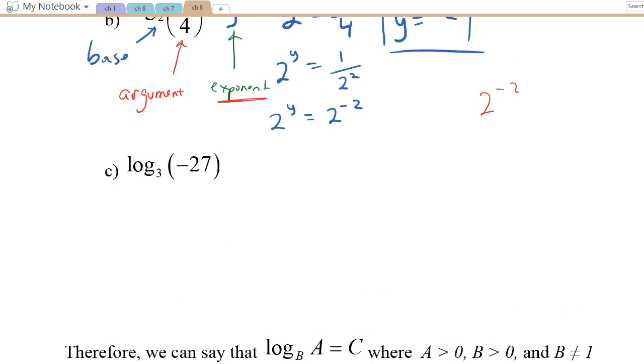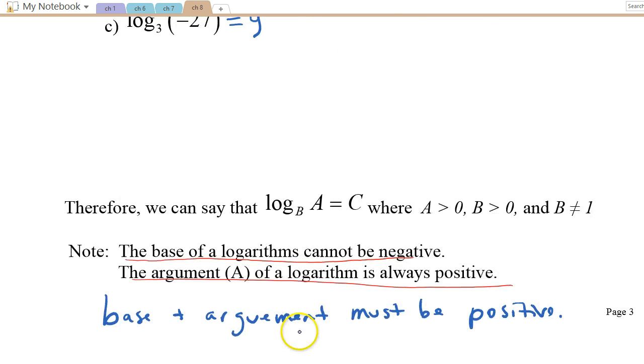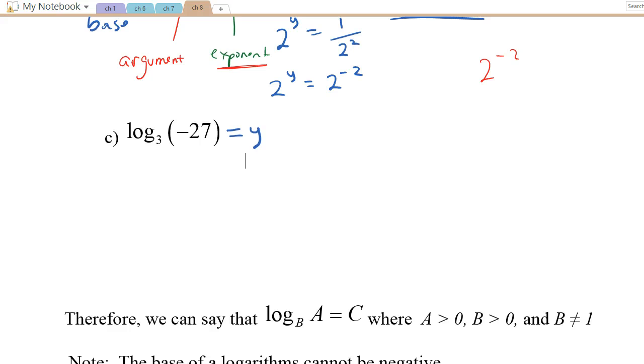Here's an example where, and again I'll have to put an equals y, the argument is negative. So right away I know I'm going to get no solution on this. But let's just walk through it and see why this is the case. 3 is the base, so putting it in exponential form, 3 to the y, the exponent, is equal to negative 27.